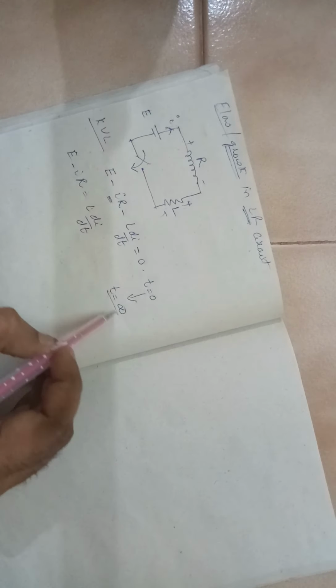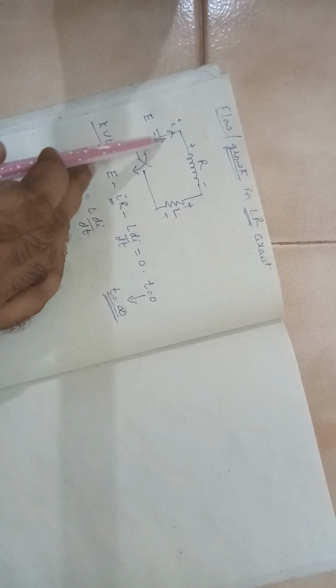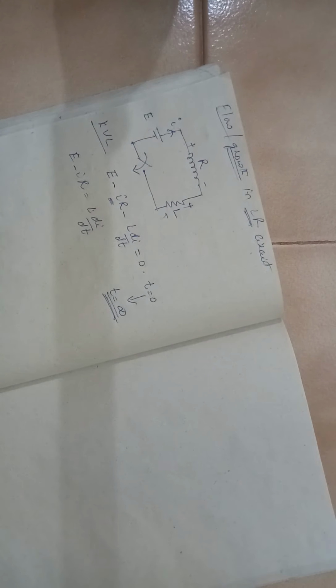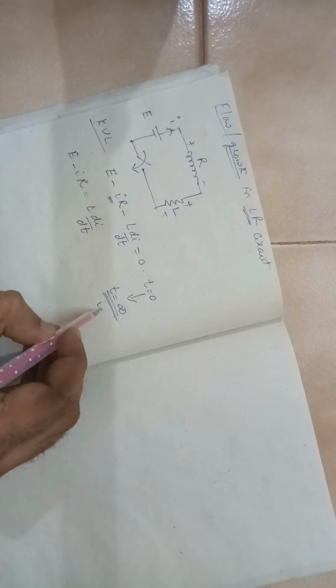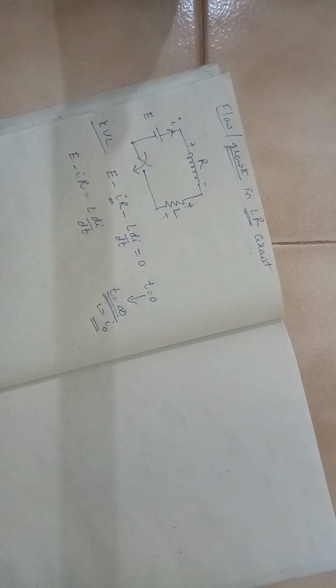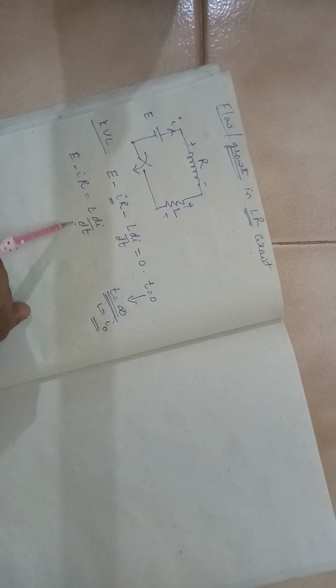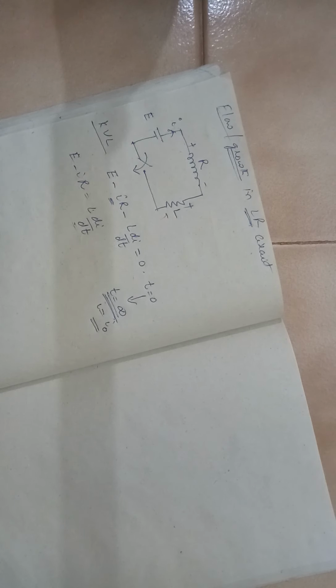At t is equal to infinity, what will happen? All the current would have passed through the circuit. Let us say that current is I is equal to I0. In that situation, will there be any change in the current? Let us say the current from 0 to 2 ampere has to be transferred, and 2 amperes total current is transferred.